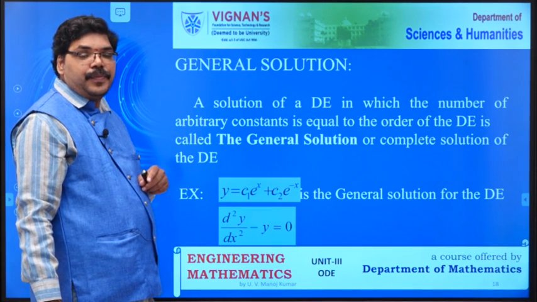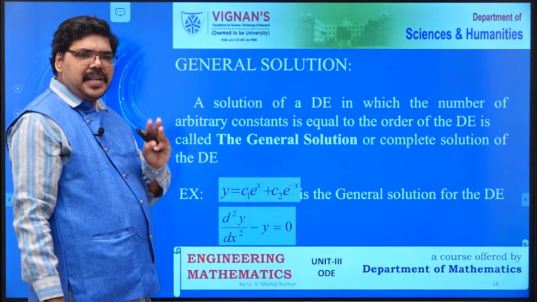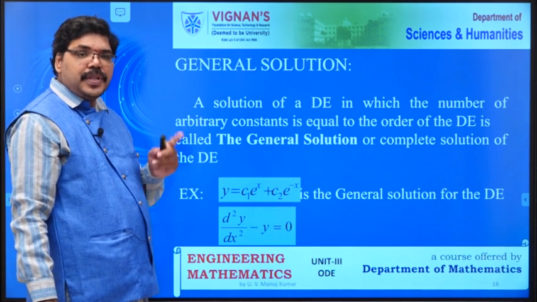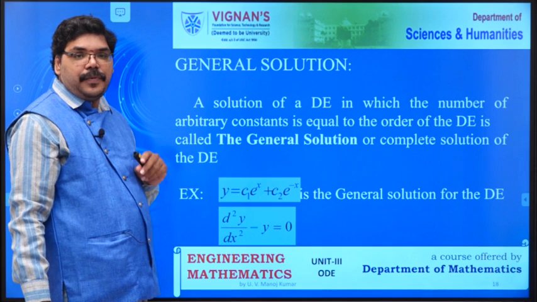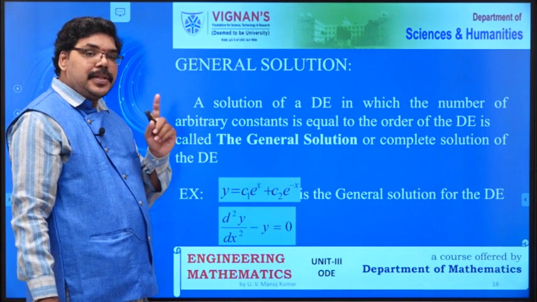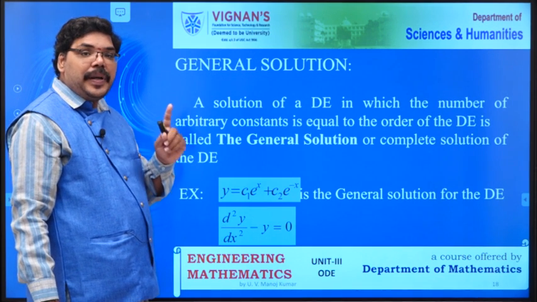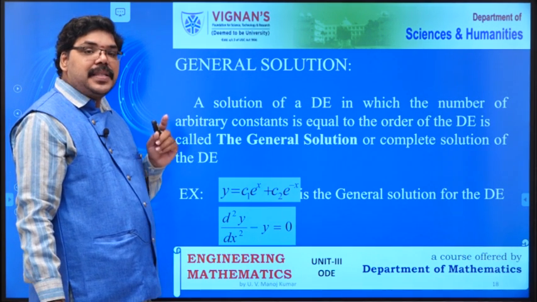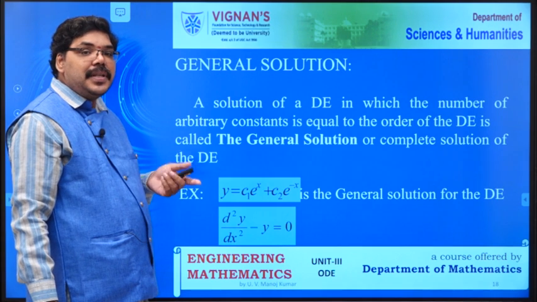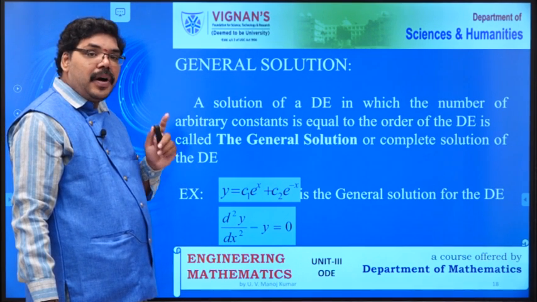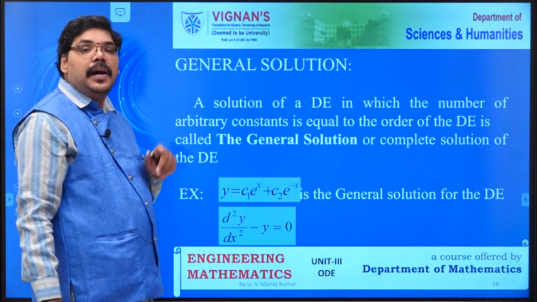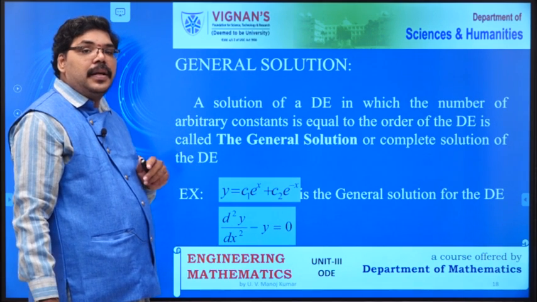General solution. General solution is also a solution. Solution means satisfies the differential equation. General solution is also a solution, and it involves arbitrary constants. What is the general solution? General solution involves arbitrary constants. How many arbitrary constants?